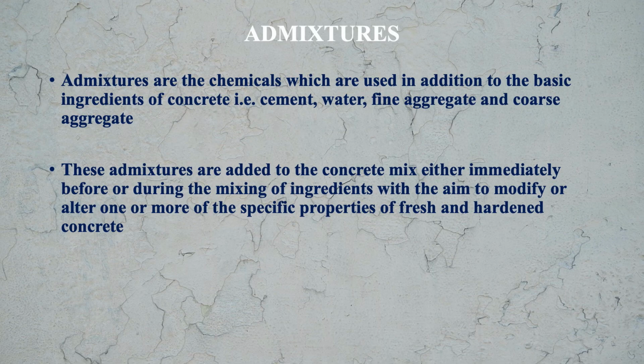These admixtures are added to the concrete mix either immediately before or during the mixing of ingredients with the aim to modify or alter one or more of the specific properties of fresh and hardened concrete. They are meant to alter the properties of the concrete.